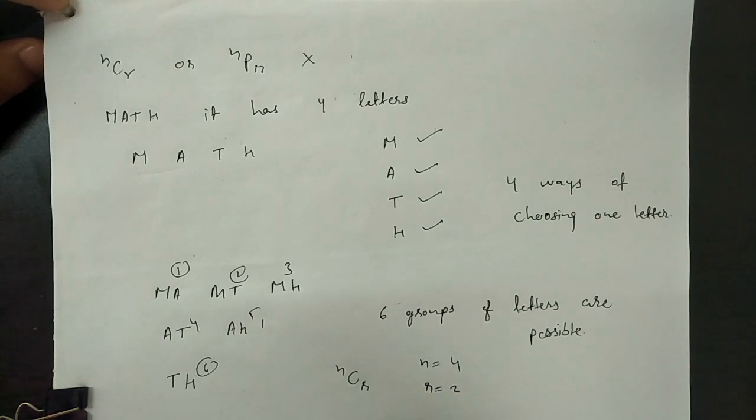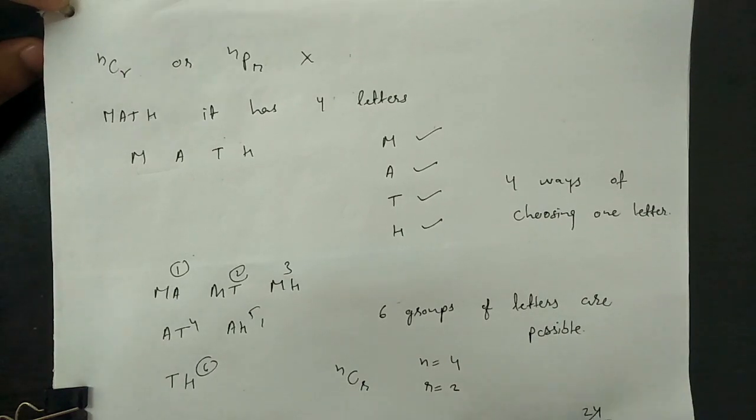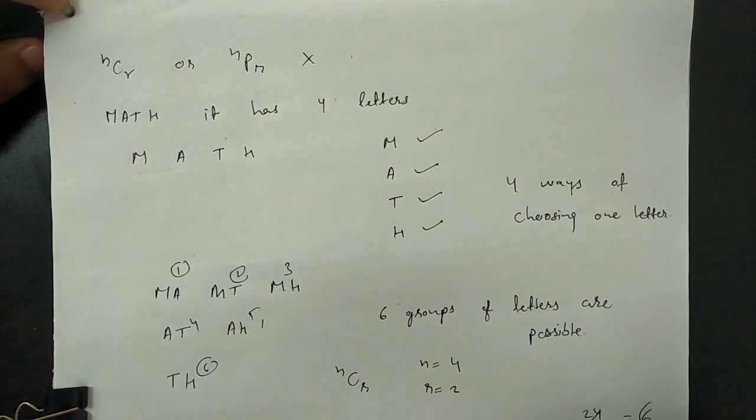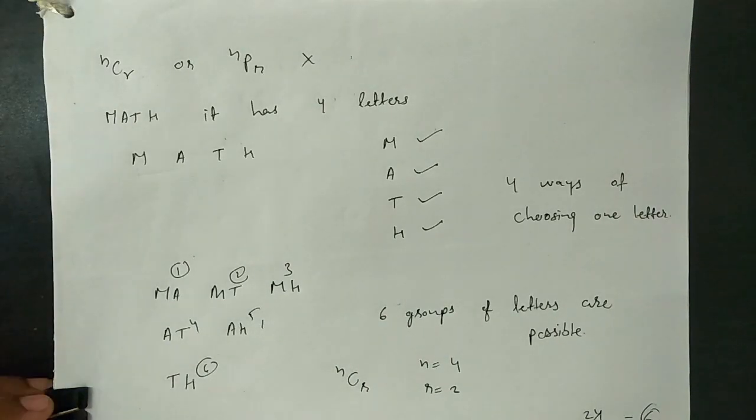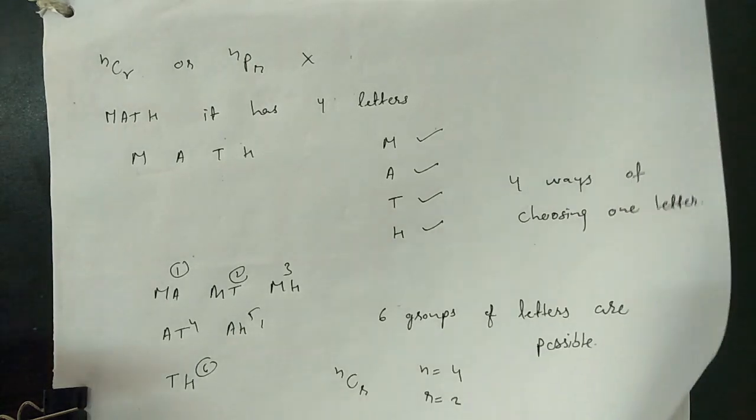Then 4C2 is equal to factorial 4 upon factorial 2 times factorial (4 minus 2). So 24 divided by 4. It means we have 6 ways. So these are the ways of choosing one letter or 2 letters from the given letters.